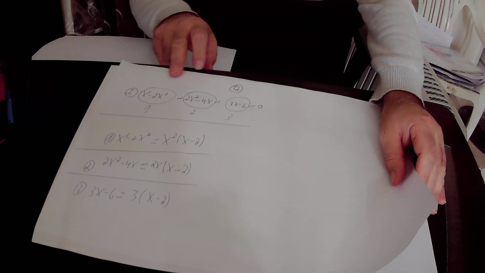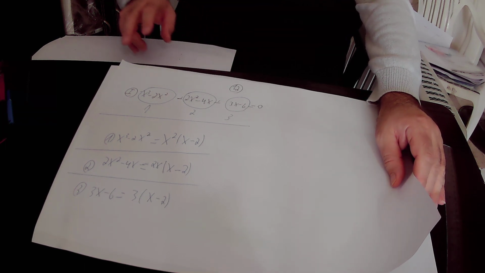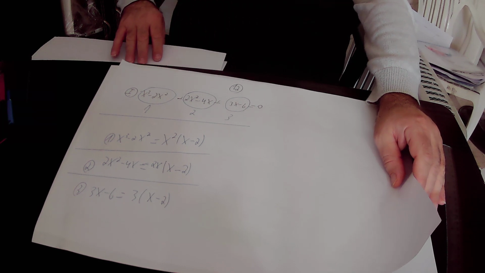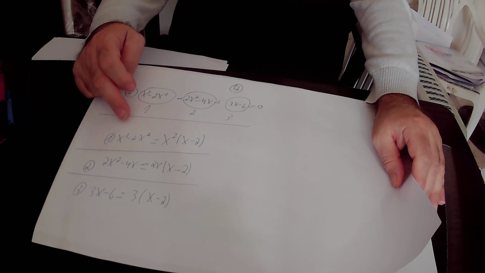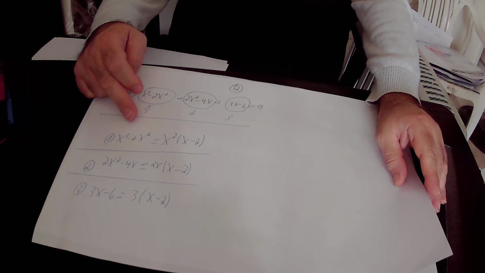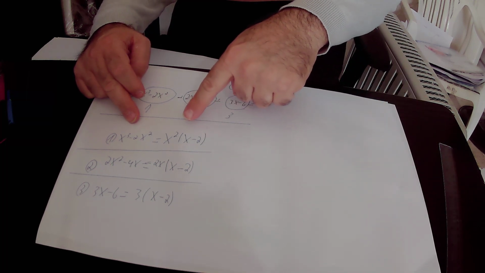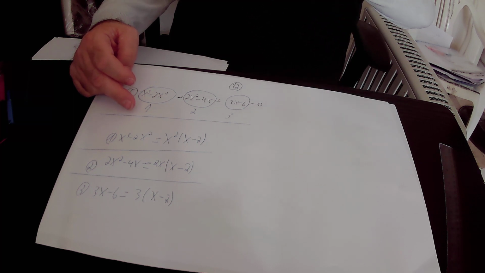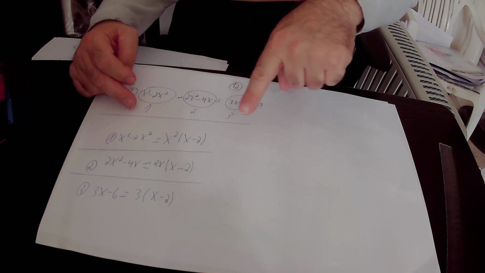We divided equation number 1 into 3 parts, and we took a common factor from each part. So part number 1 is X cubed minus 2X squared, and the common factor that we took from this expression is X squared, and what is left inside the bracket after we took X squared as a common factor is X minus 2.